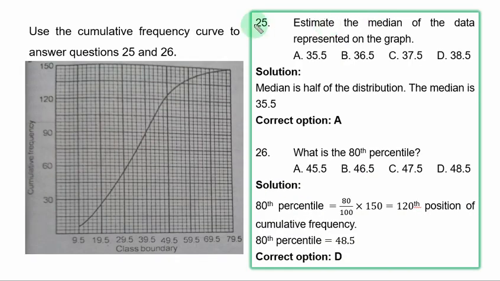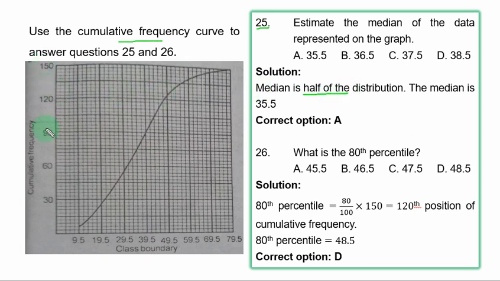Use the cumulative frequency curve to answer questions 25 and 26. So let's say the first one, 25, estimate the median of the data represented on the graph. Median is half of the distribution.